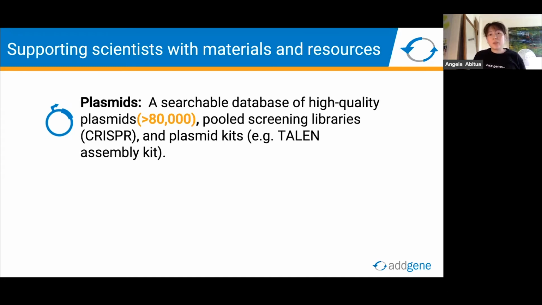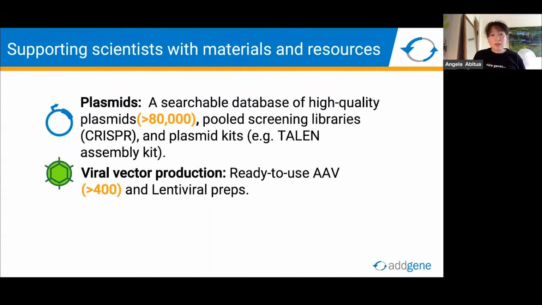And since 2004, we've collected deposits from many scientists from around the world, and our collection is now over 80,000 plasmids, which also includes pooled screening libraries, plasmid kits, and we also have ready-to-use AAV, adeno-associated virus, and lentivirus preps, this prep service for scientists, which the AAV has been very popular amongst the neuroscience community.